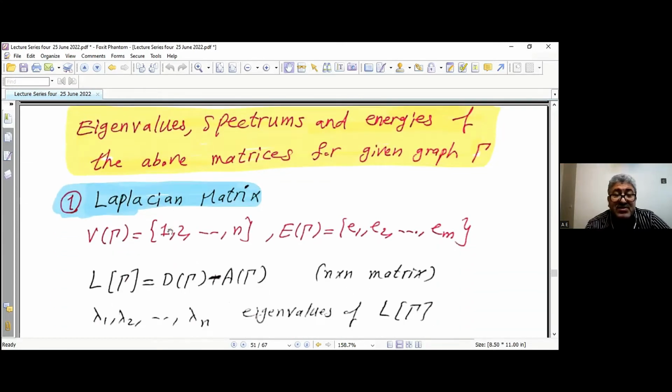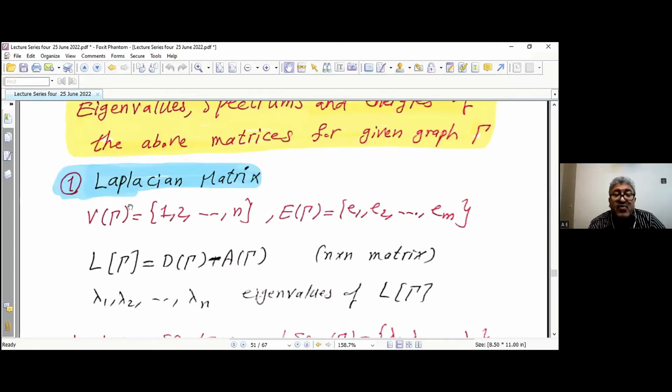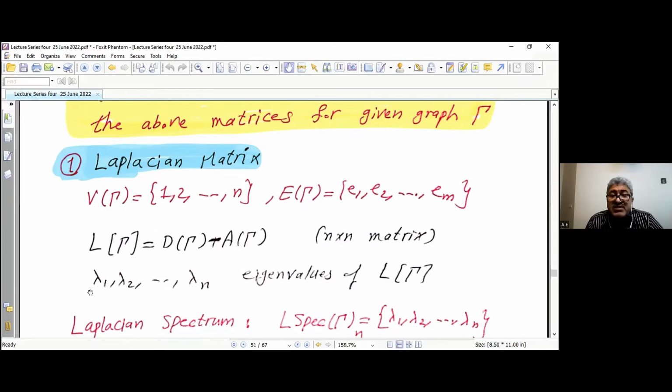As I mentioned, we may compute the Laplacian matrix as the difference between the degree matrix and the adjacency matrix. Because the Laplacian matrix is an n times n symmetric matrix, we have n real eigenvalues.